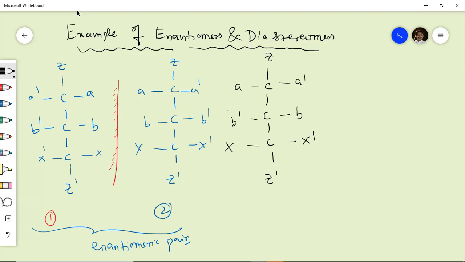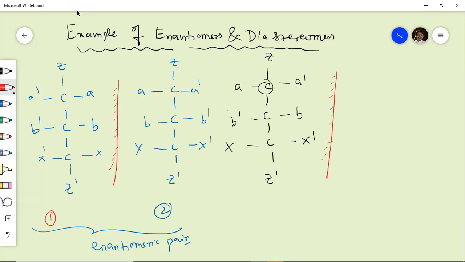If you consider the terminal carbon, the anomeric carbon, I have changed it. The same thing, I can revert the anomeric carbon only. You can check it by taking the mirror image.